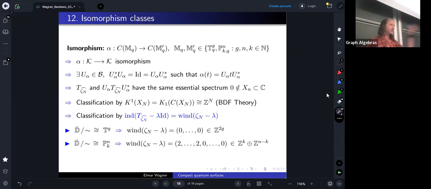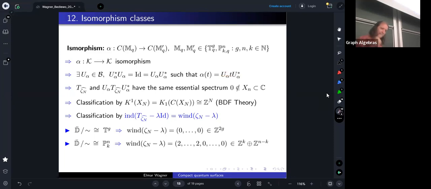You just choose a vector in each case, and the compact operators generate the whole Hilbert space. Then you just identify the operators acting on one single vector. And that's the way that you construct your unitary operator, and then the automorphism is given by conjugation with a unitary operator.